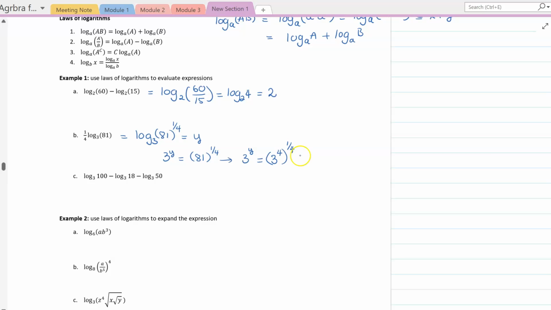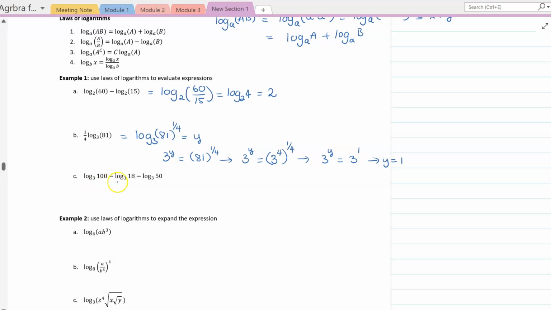This means 3 to the y is equal to 3 to the first. This means y is equal to 1 in this case.